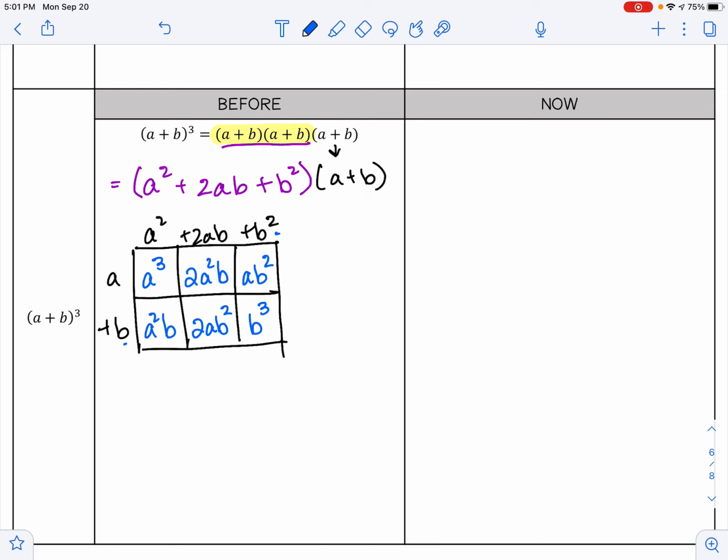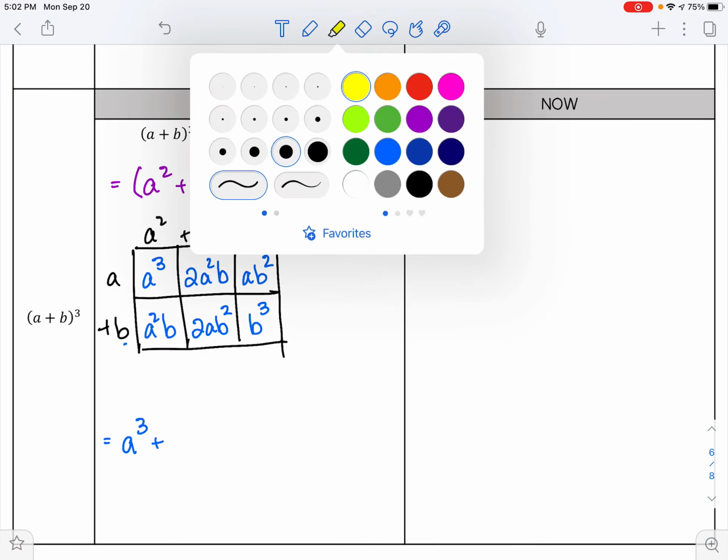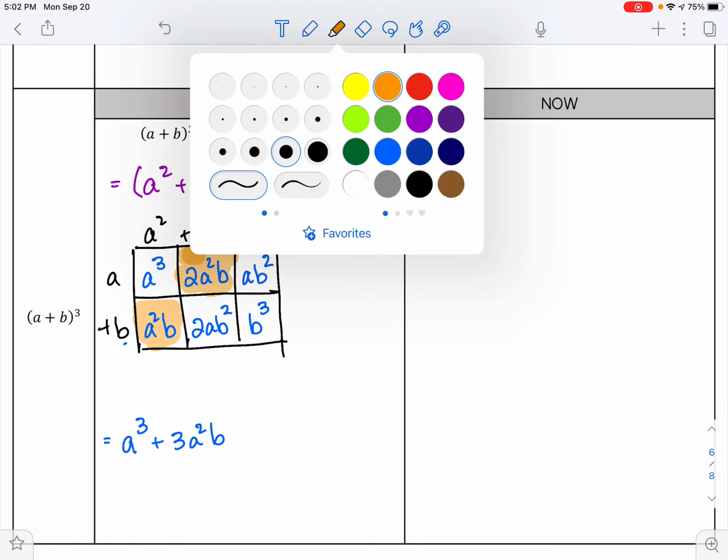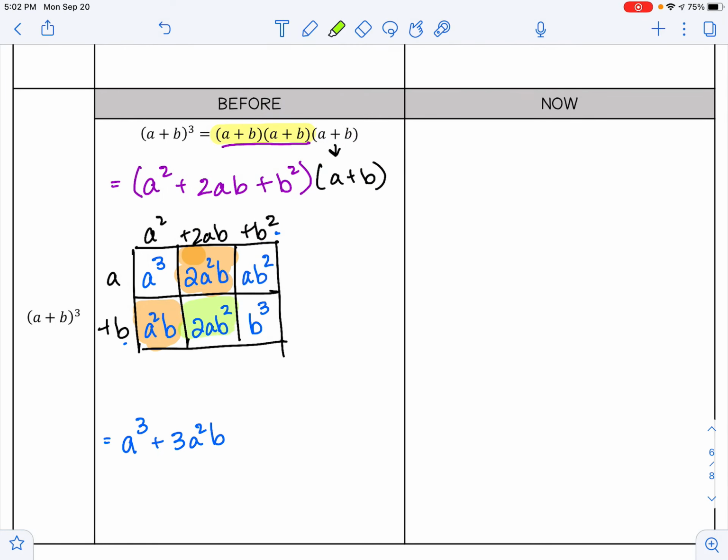So I have A cubed plus, let's see, A squared B plus 2A squared B is 3A squared B. 2AB squared plus AB squared is 3AB squared. And then B cubed doesn't have a like term.